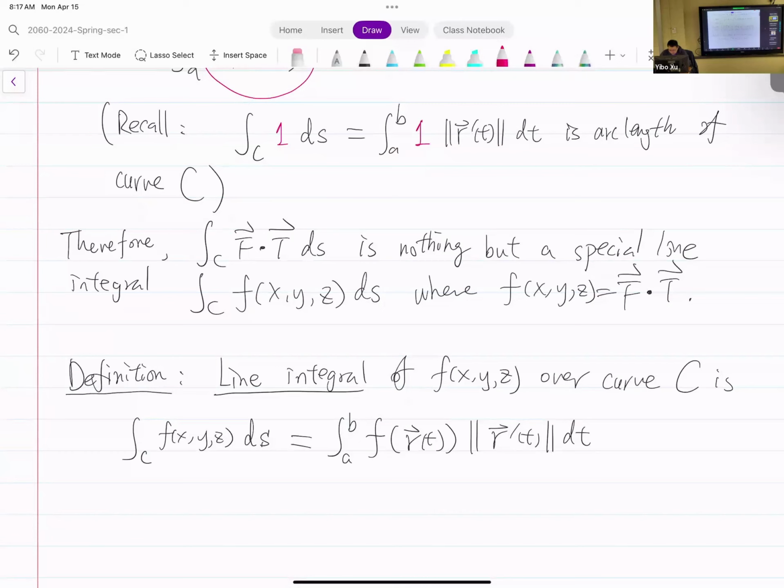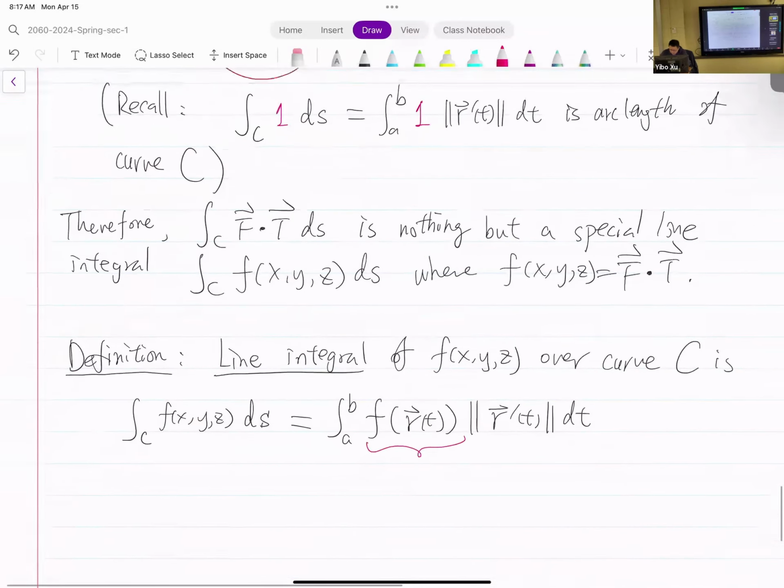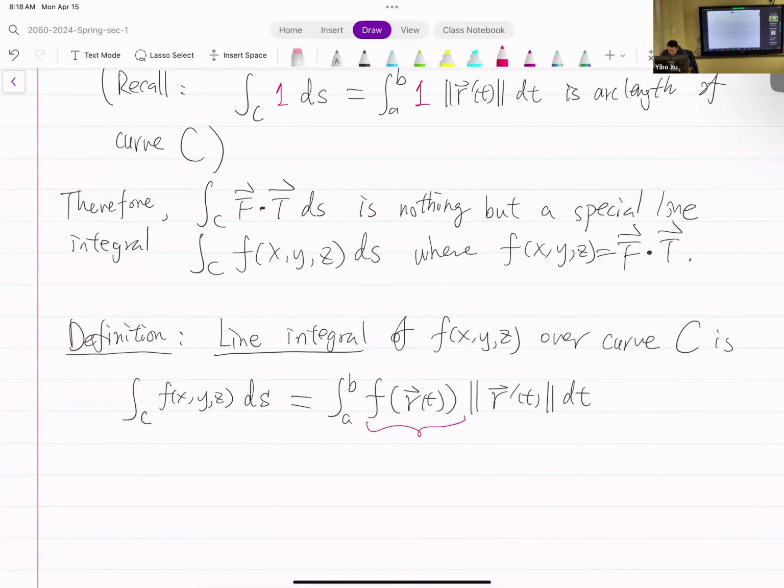And of course, if you write this in another way, this is just saying, okay, originally I have f of x, y, z, right? But basically, x, y, z have different characterizations when you're using the variable t. So basically, this is x of t, y of t, z of t, right?